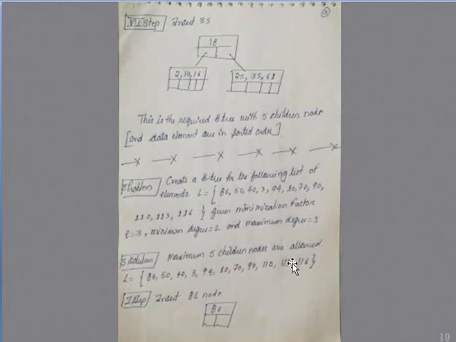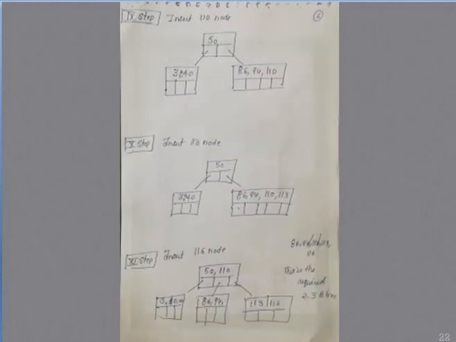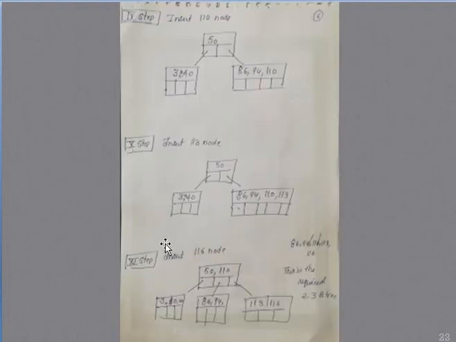So a maximum of 5 children are allowed. Simply we have to construct the tree by appending one element at a time, and we get the tree like this. So at last the required tree for the given data set is like this only.